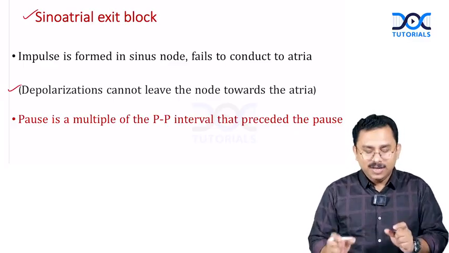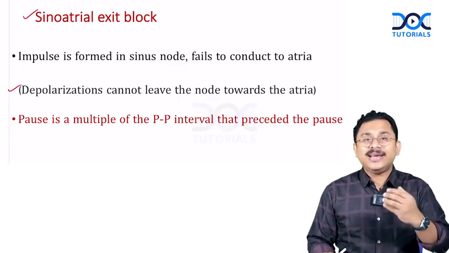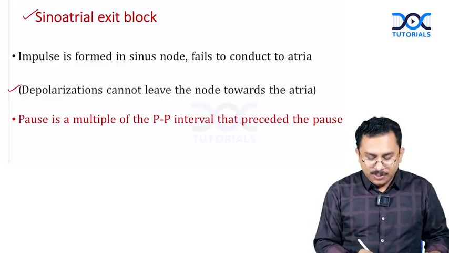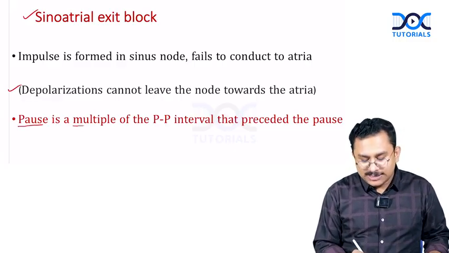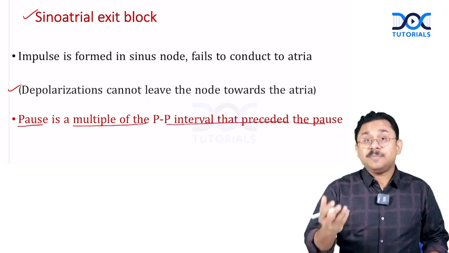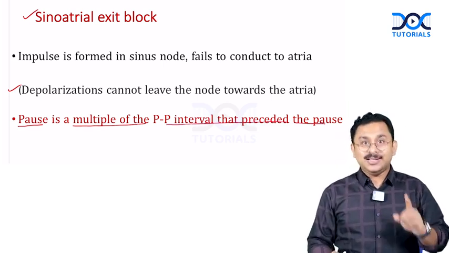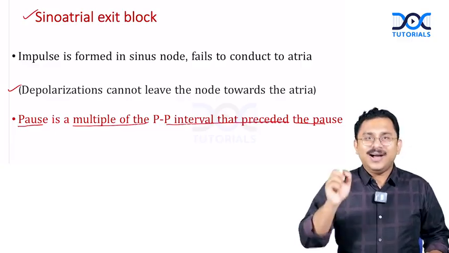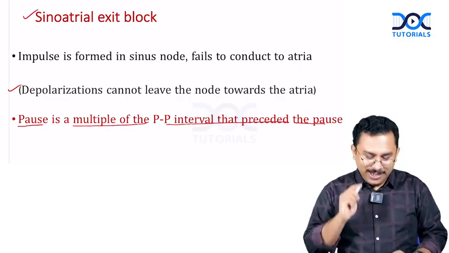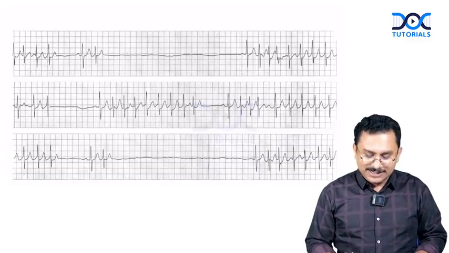And how do you identify this sinoatrial exit block and differentiate it from a sinus pause? Here the pause is a multiple of the PP interval that preceded the pause. That is how you will be able to identify a sinoatrial exit block. Okay, right. Now coming to the next ECG.